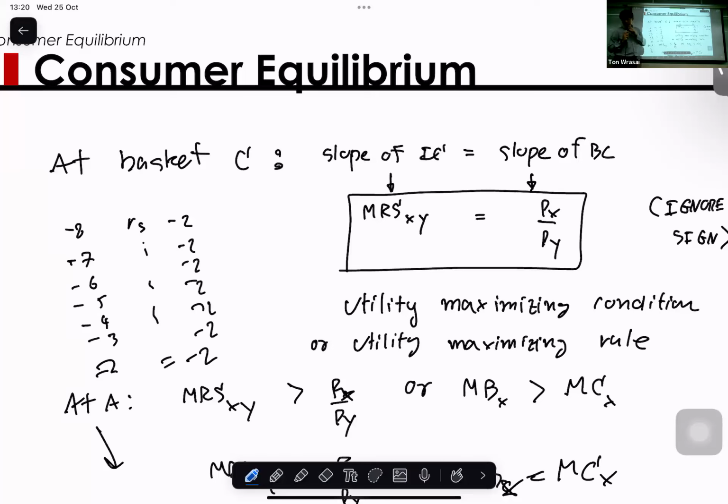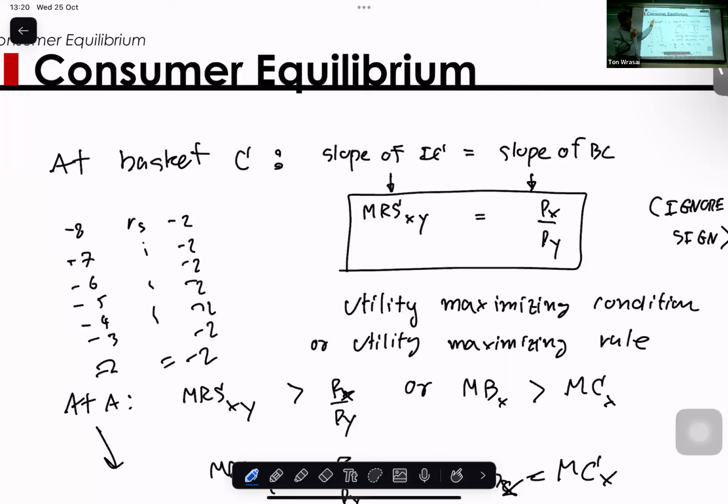At basket C, MRS equals price ratio. And we call this condition the utility maximizing rule.